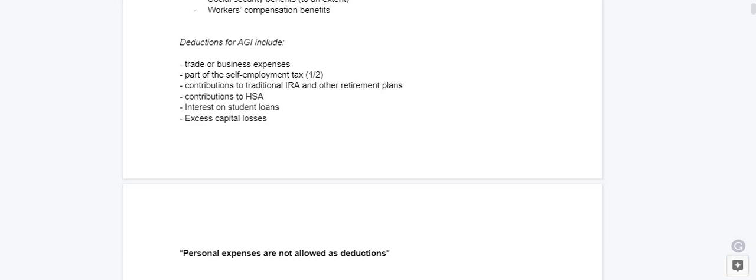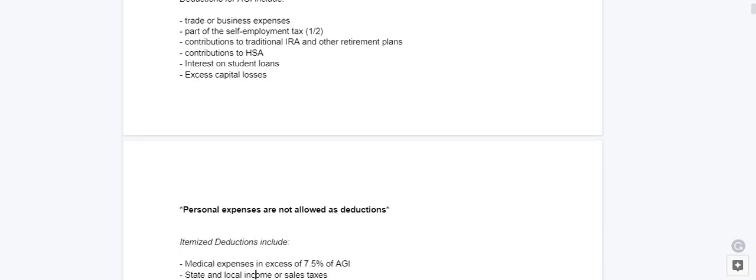We also mentioned that unless specified, such as medical expenses, personal expenses are not deductible. This means your day-to-day grocery shopping, your daily commute to work as an employee, you can't deduct the amount you pay on gas, or even if you sell your personal home at a loss, that is not deductible.